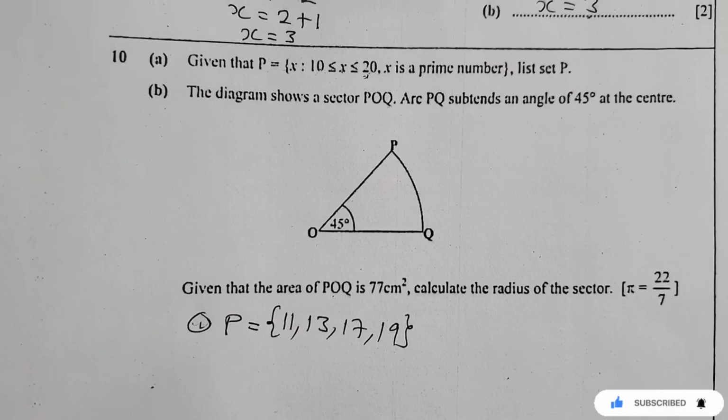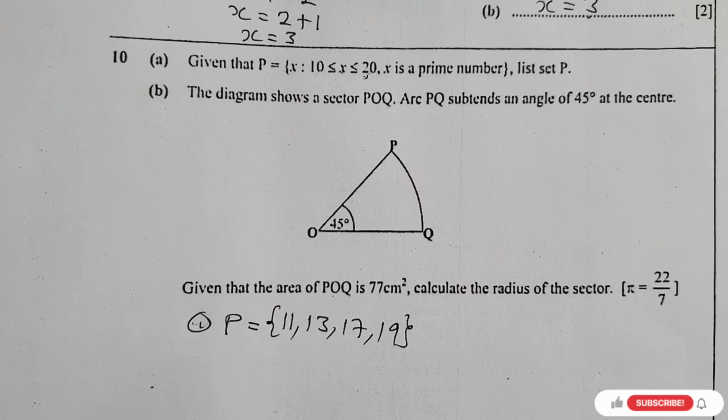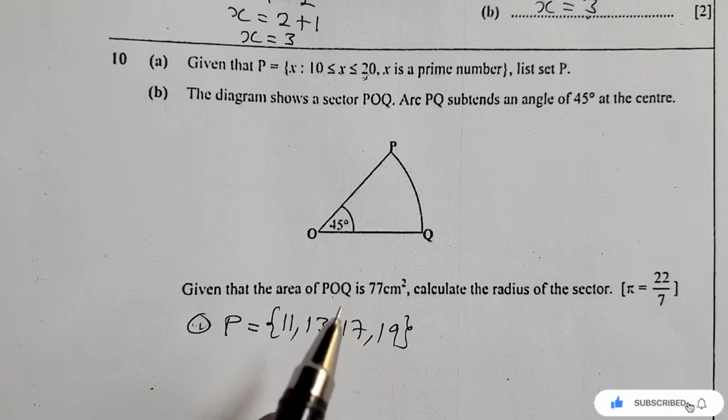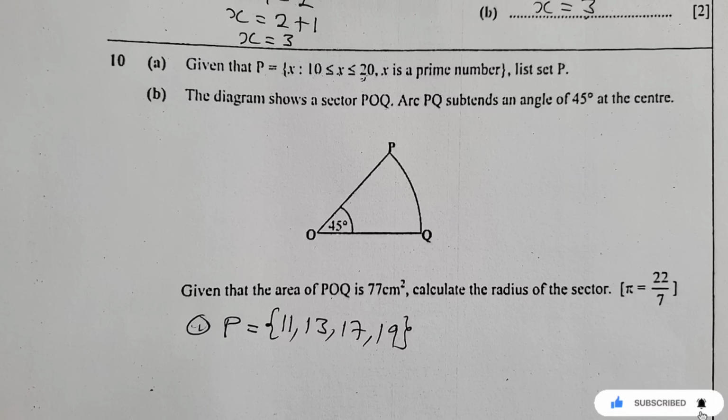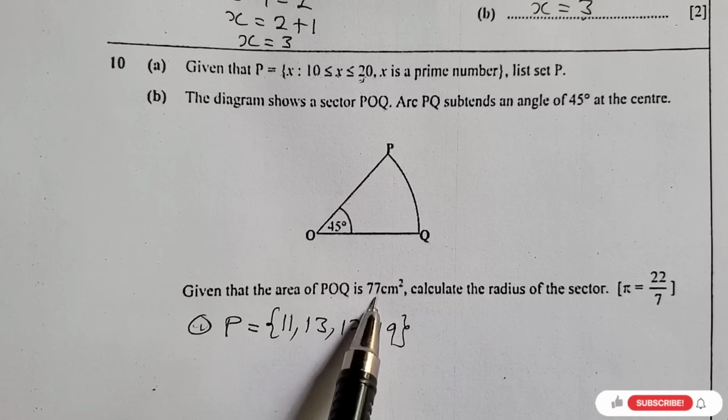Now let's go to question 10B. Question 10B is saying the diagram shows a sector POQ, arc PQ subtends an angle of 45 degrees at the center here.